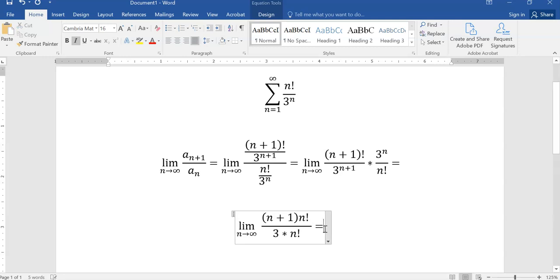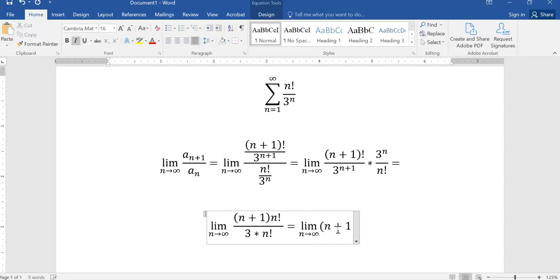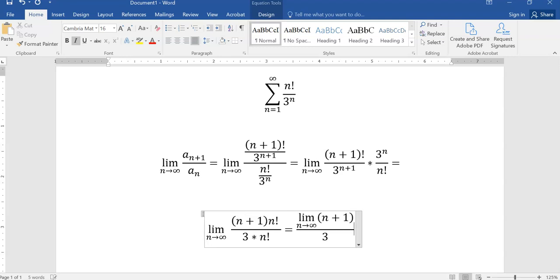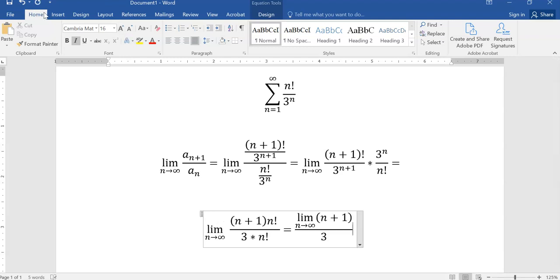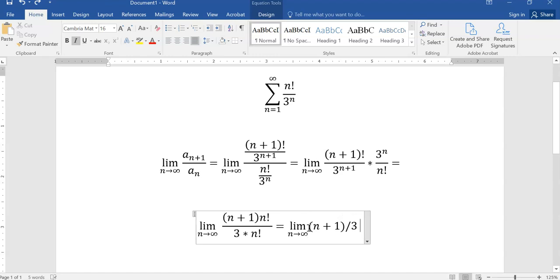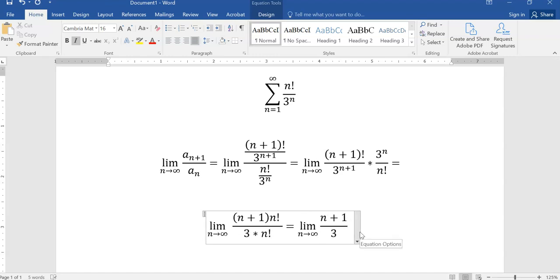And what we get is n plus 1 divided by 3. Whoops. Hate that when that does that. There, that's better. n plus 1 over 3.